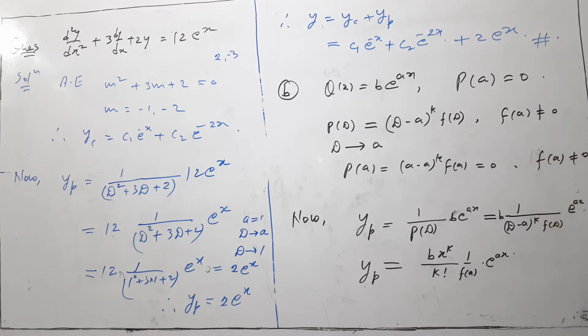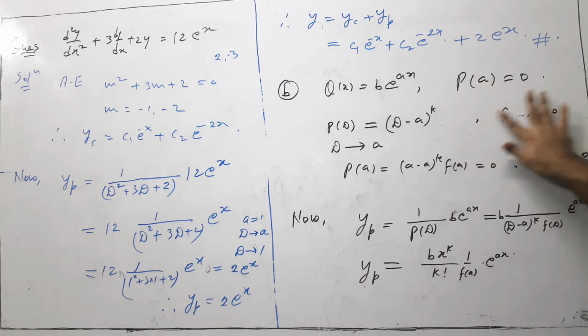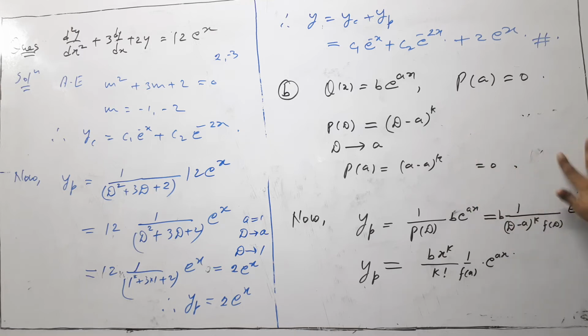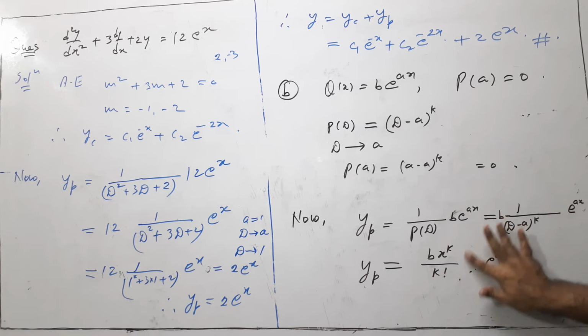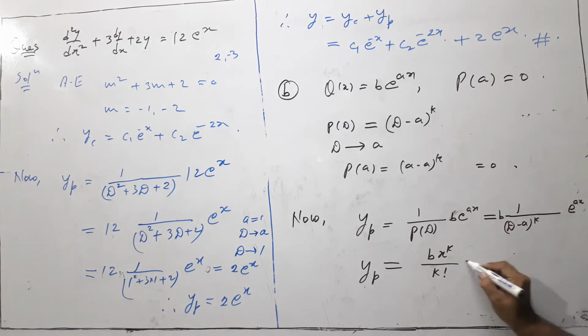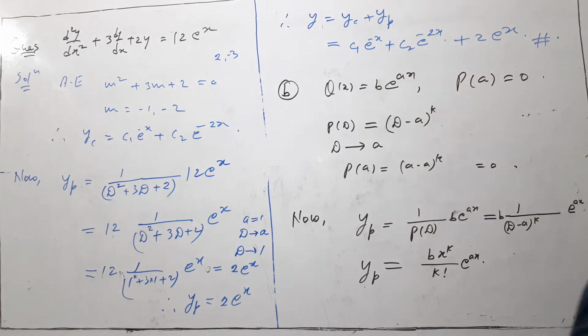Suppose we have only this factor, then it will be this one, e^(ax). And now we solve some questions based on this case.